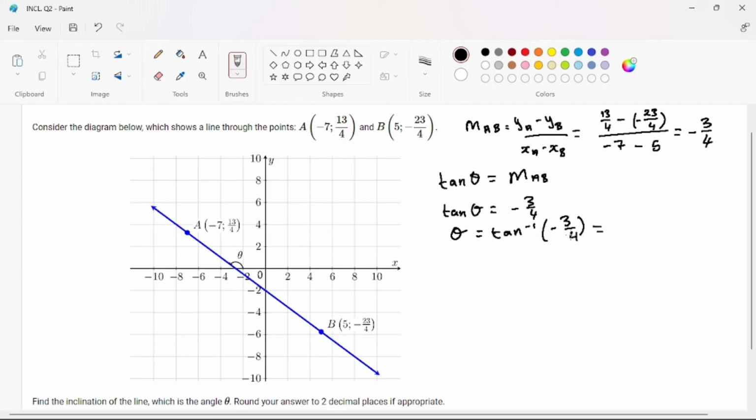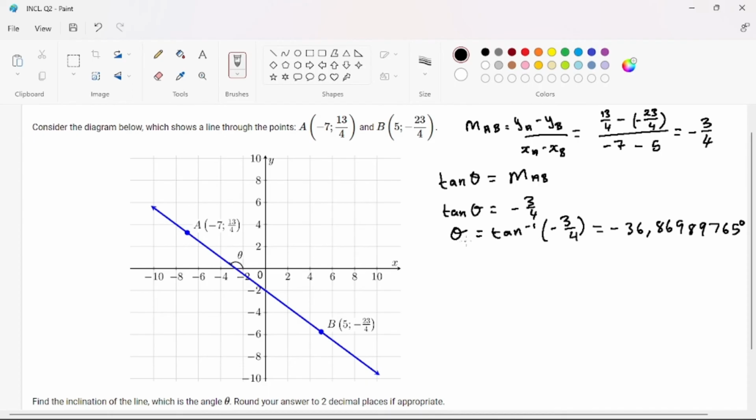You simply punch this on your calculator, guys. So you're going to say shift tan answer, and then you are going to get negative 36.86989765.